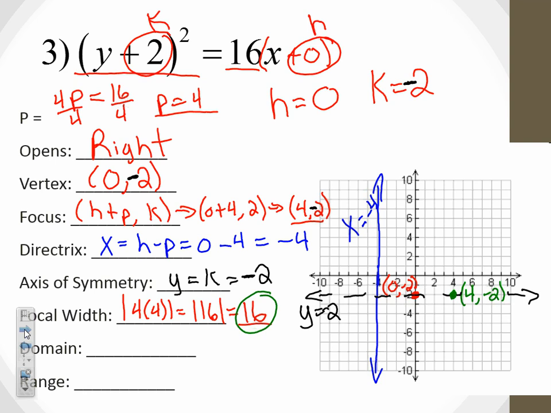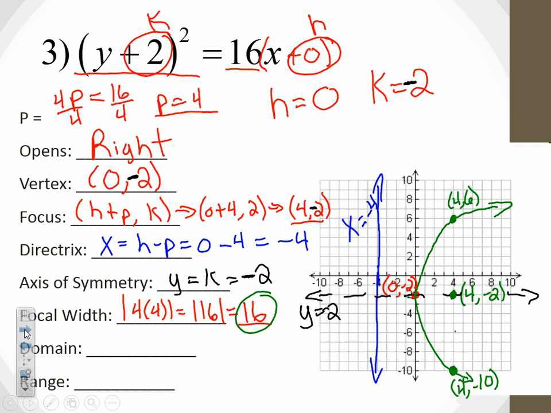I have to go 8 up. 1, 2, 3, 4, 5, 6, 7, 8. And that point right here is at (4, 6), and then at this point I have to go down 8. 1, 2, 3, 4, 5, 6, 7, 8 right here, and we're at (4, -10). Now, connect our vertex with our focal width, and there is our parabola.